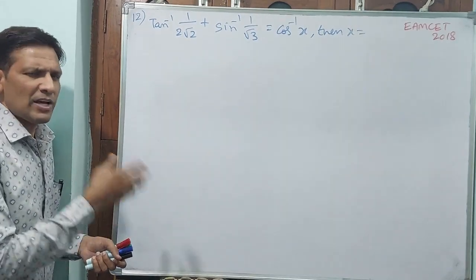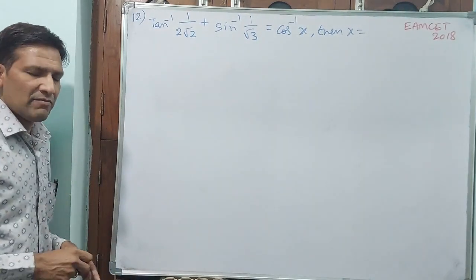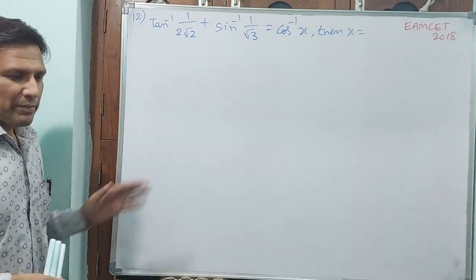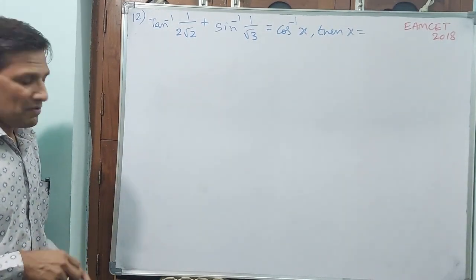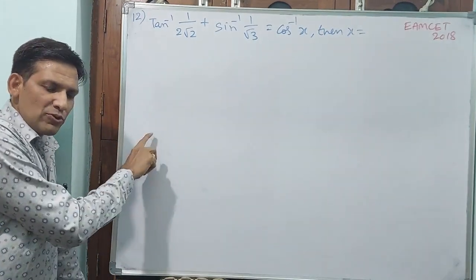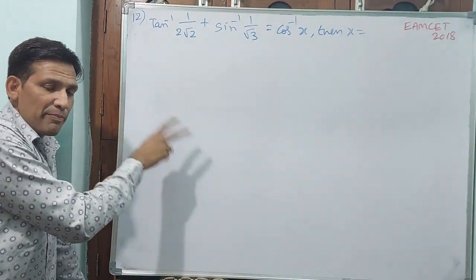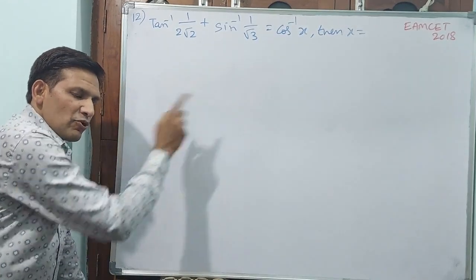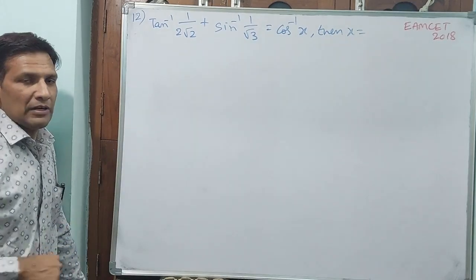Why? Because tan may come plus or minus when both are positive or negative, but sin will come positive, meaning automatically opposite and hypotenuse both should be positive, then only it will come.